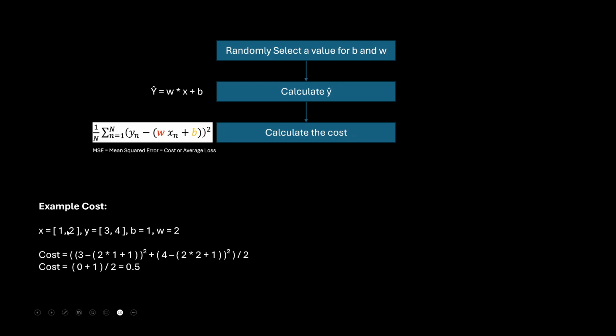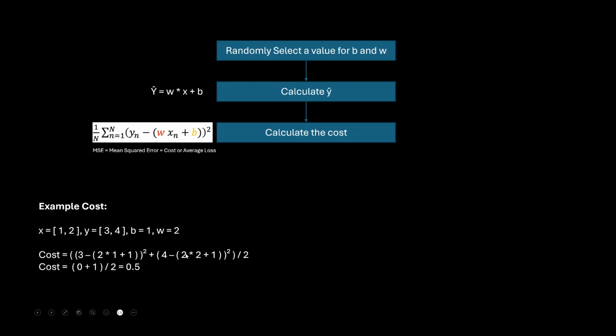Here is an example. Let's just assume x has two values, 1 and 2, and y has 3 and 4. So the value 3 corresponds to x of 1, and the value 4 of y corresponds to the value 2 of x. The bias is randomly initialized to 1, and the weight is randomly initialized to 2.